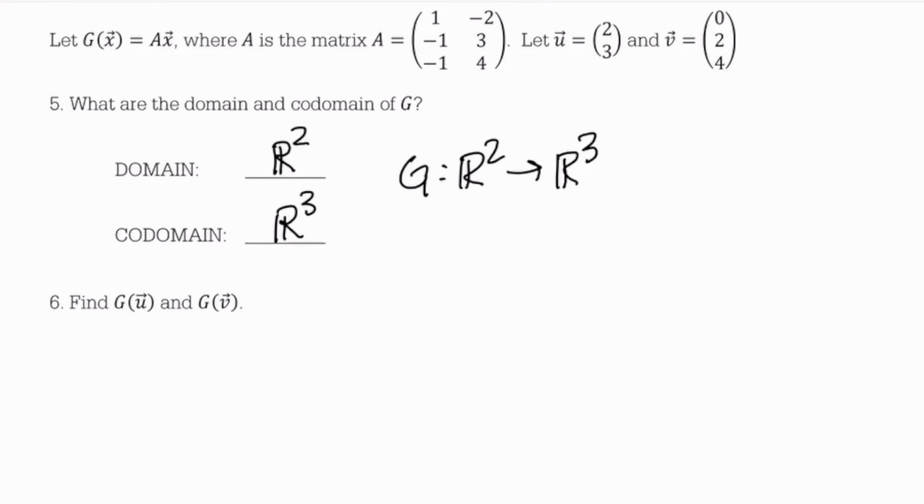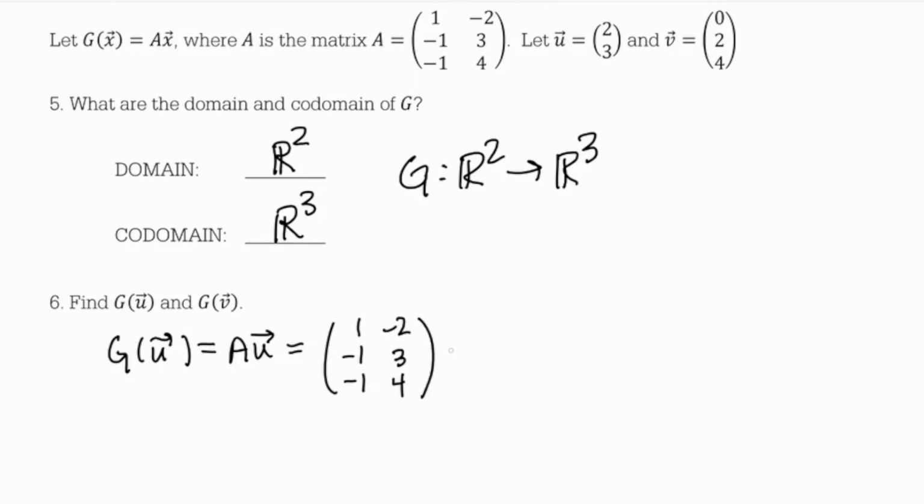Okay, find g of u and g of v. All right, well, g of u would equal A times u, because I said g of x is A times x. So that's going to be the matrix with columns (1, negative 1, negative 1) and (negative 2, 3, 4), multiplying by u, which is (2, 3). Right, now you can do the dot product way. But multiplying a matrix by a vector like this, it looks pretty easy to just do 2 of the first column plus 3 of the second column, which is an equivalent way of looking at matrix multiplication.